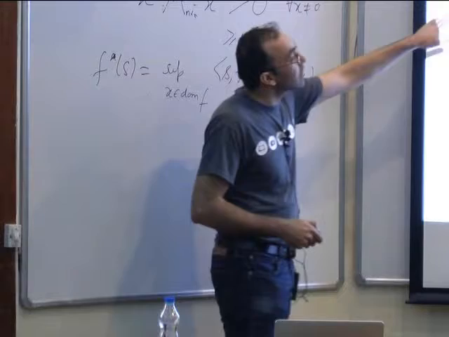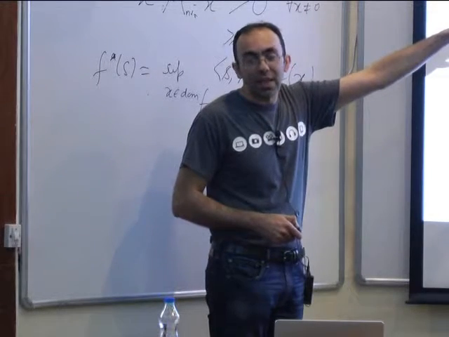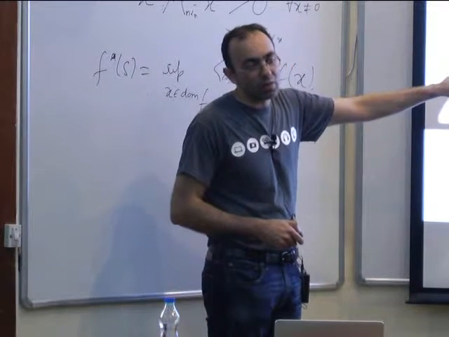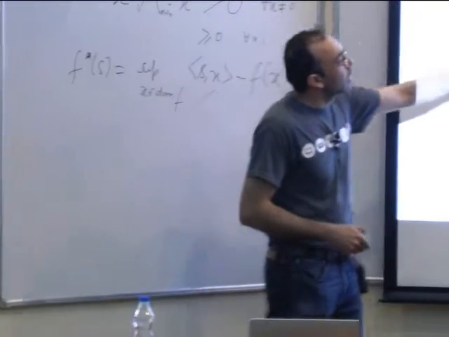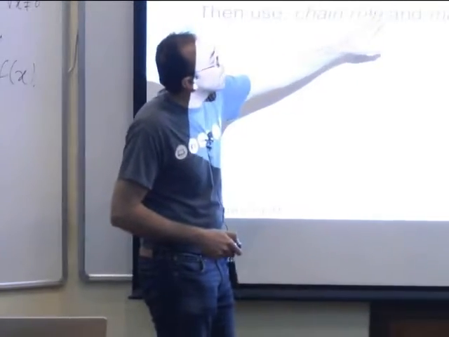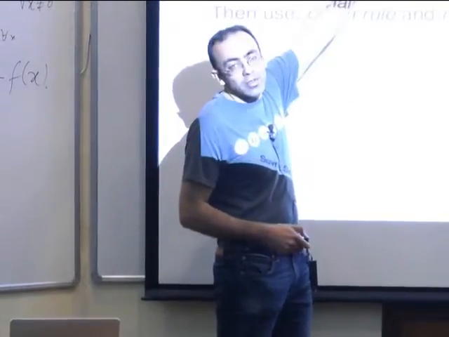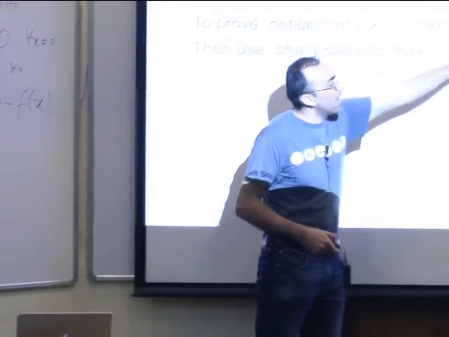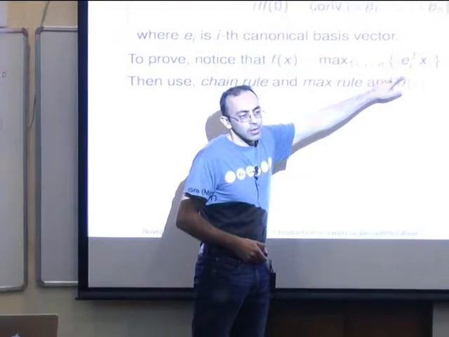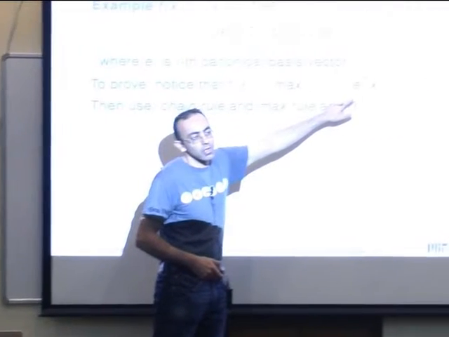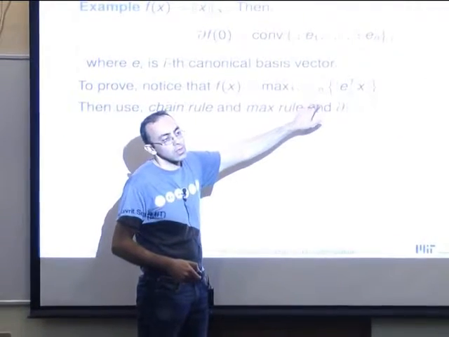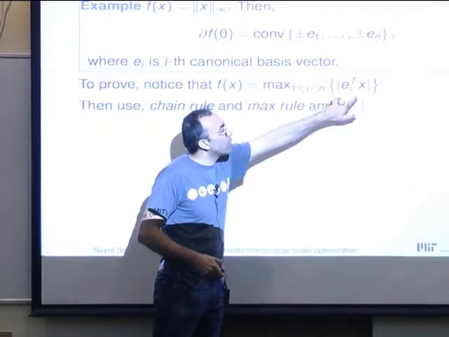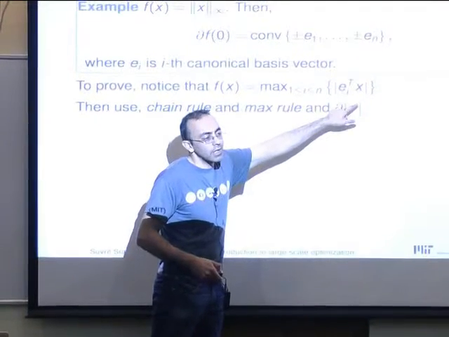To prove that this is the subdifferential set, just apply those calculus rules that I showed you. F of x can be written as the maximum absolute entry of x. For each entry you can pull it out by multiplying it with a canonical basis vector and taking the max of those. Well, this is just absolute value, and this is a linear transformation.